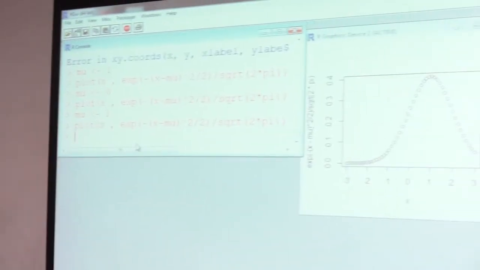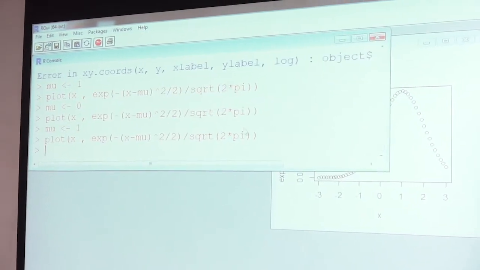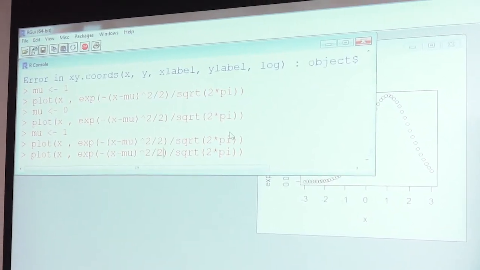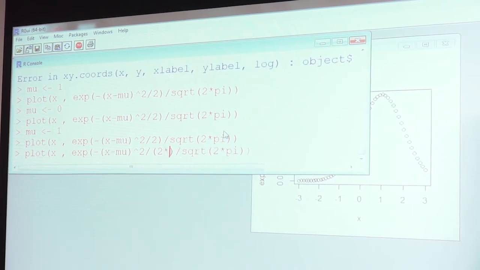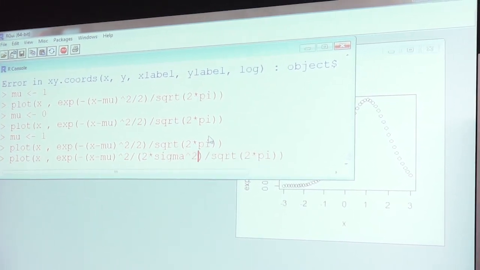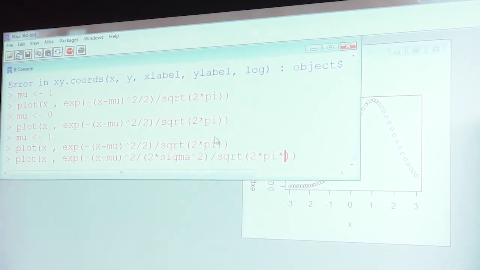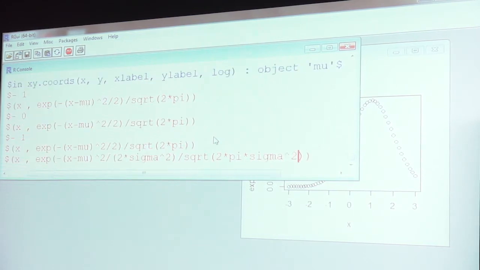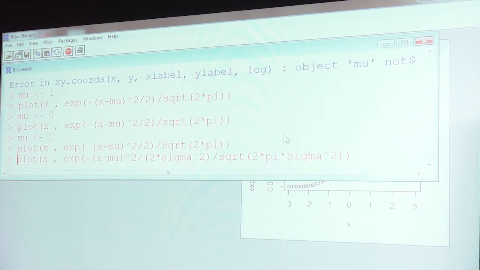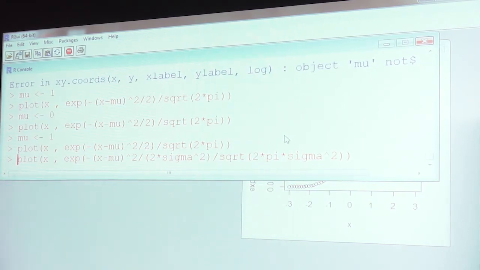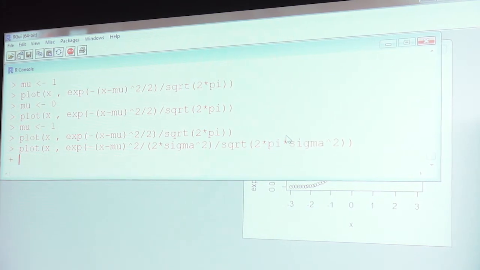Okay, so now I'll put sigma in there. Just have a look at that, see how that works. So all I've done is type out the formula but with a sigma squared in, and it's going to fail because I haven't told it what sigma squared is.